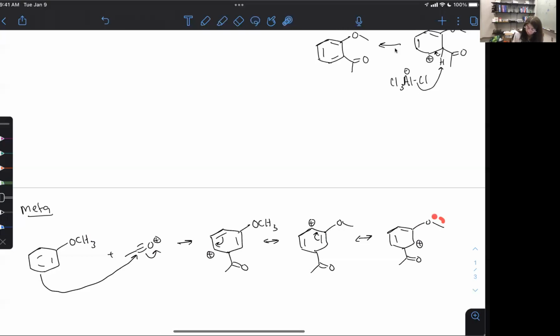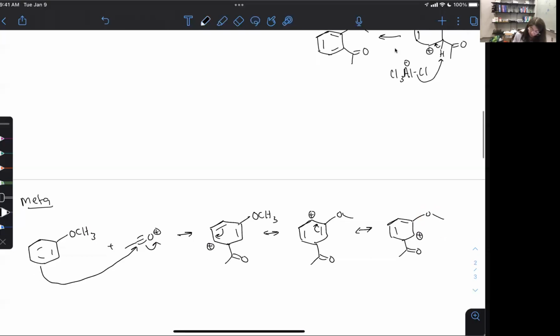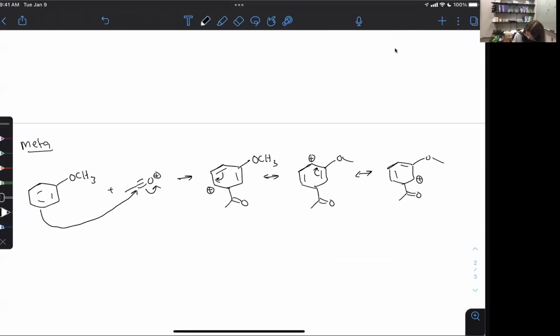So we are never able to take advantage of the fact that we have an oxygen there to help us stabilize that carbocation. Okay, so we skipped right over it. We cannot use it. By the time we get around to the other side, we've gotten all of the resonance structures that we can. So now we're ready to reform our benzene ring and get to our meta product.